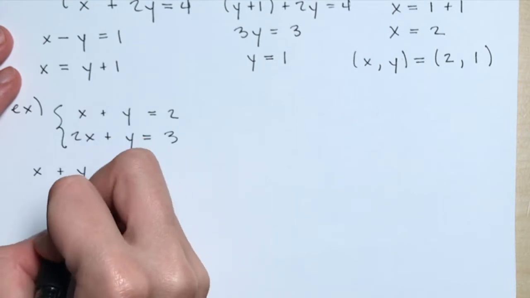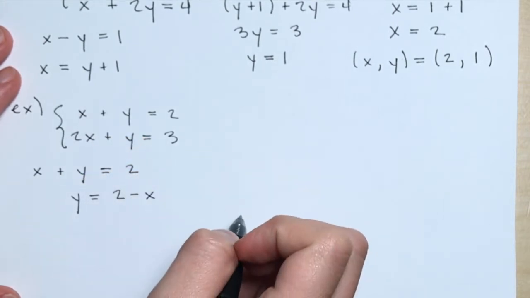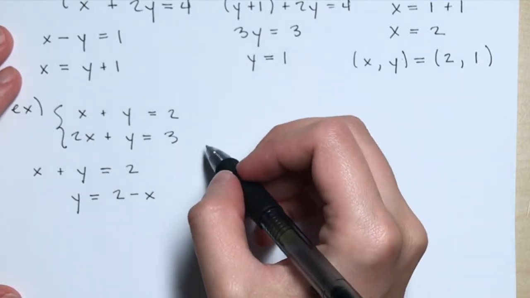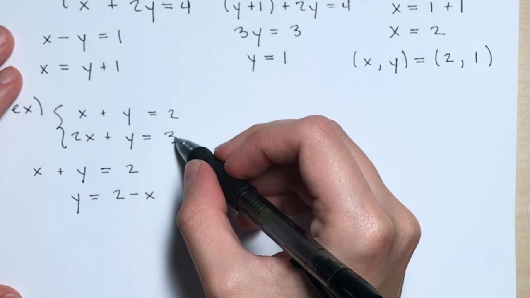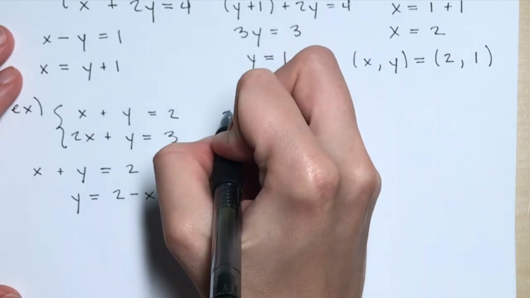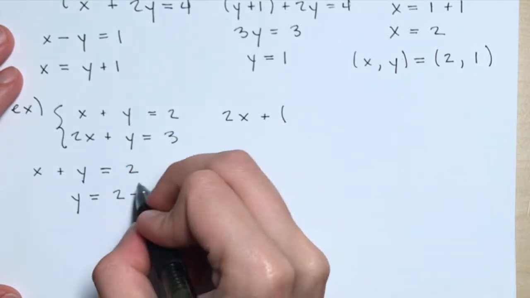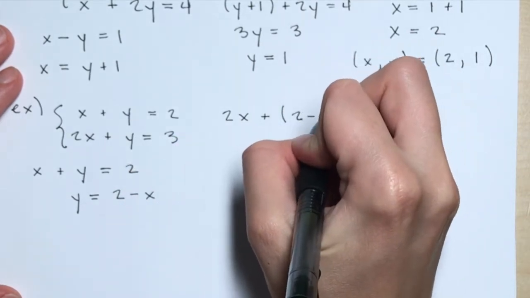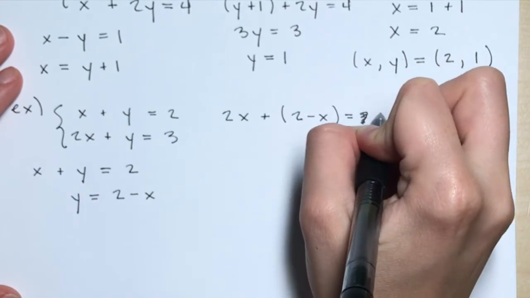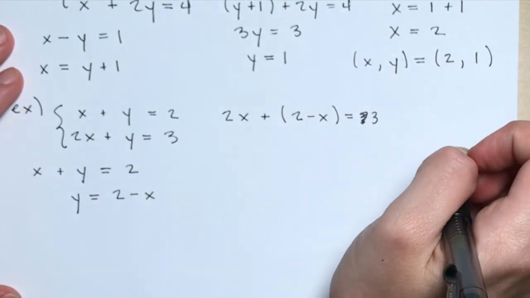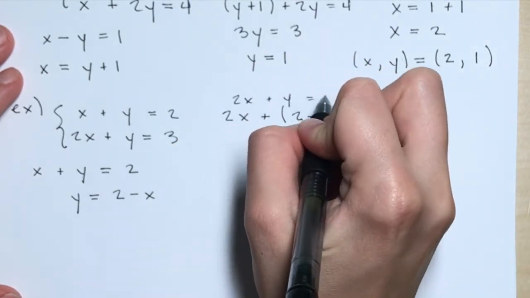So let's bring x over, and we end up with y equals 2 minus x. We can plug that into our second equation. So we get 2x plus (2 minus x) equals 3. And again, this is coming from 2x plus y equals 3.